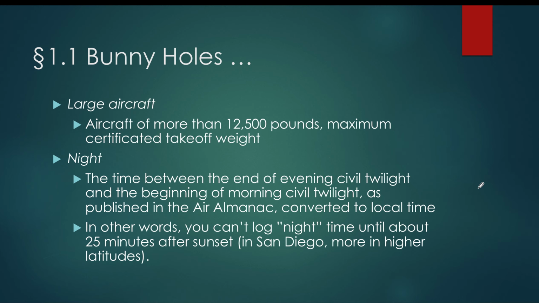In the northern parts of the U.S., and especially during the winter months, it might be an hour after sunset, depending on how long the sunset takes. And then an hour after sunset is when your passenger currency requirements start. So every night: the sun hits the horizon, sunset, position lights come on. 25 minutes later or so, you start logging nighttime. An hour after sunset, you need to be current to carry passengers, and you can get current to carry passengers again.